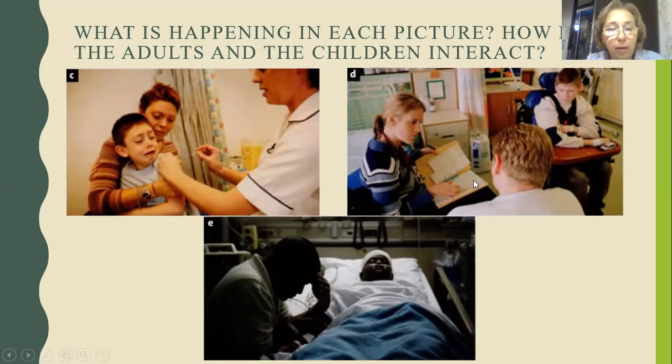And in picture E, what is happening here? In this picture, the patient is severe and serious. The family is worried, waiting for recovery. His father is stressed. The child may be in a coma or just sleeping, but it is a very serious condition. Yes, ma'am, it's a coma.